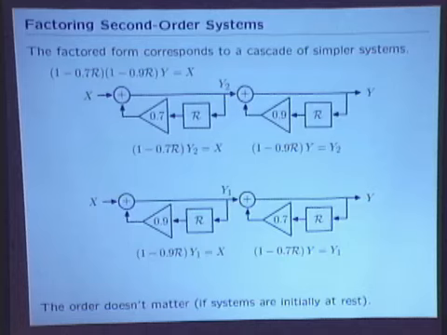And presumably, if you cascade those two things, you will get an equivalent response. And the order didn't make any difference. Okay? So that's a way we can think about the response of a more complex system in terms of first order responses. So that's nice.